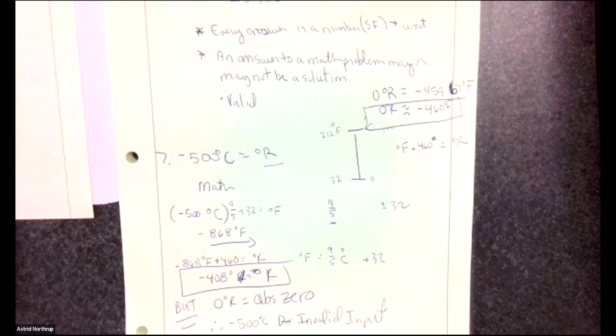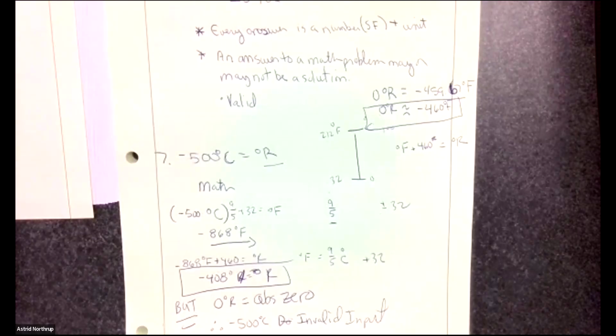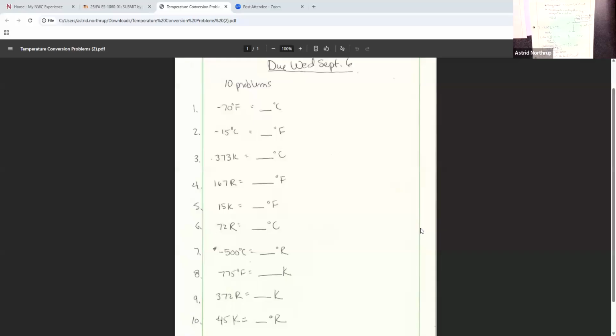Okay, so when you do your homework, keep that in mind. Basically, the thesis here is a valid mathematical output is not always a real world valid answer. That is such a good thing to remember. They're not always solutions. There you go. Yeah, that is a very good point.